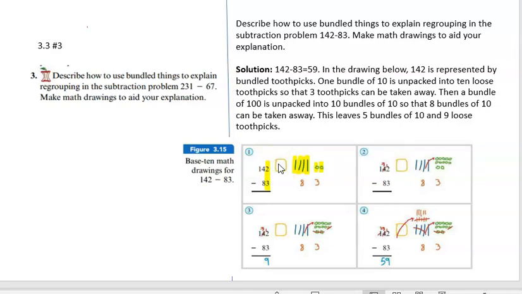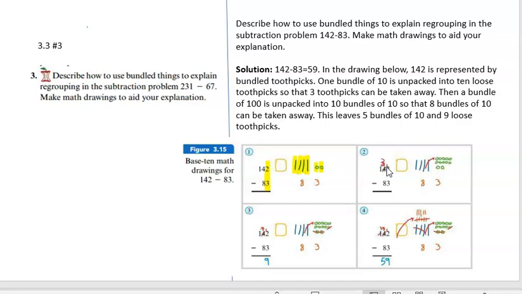So we're going to borrow from the tens place, and we mark out this 4 and replace it with 3, because we borrow 10 from 4 tens. That's reduced down to 3 tens, so that's a little 3 up here.